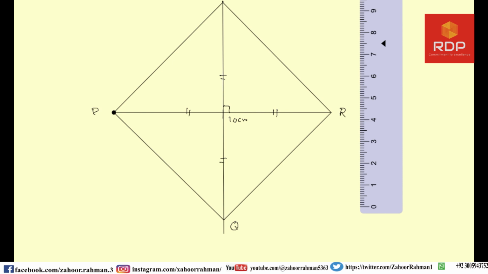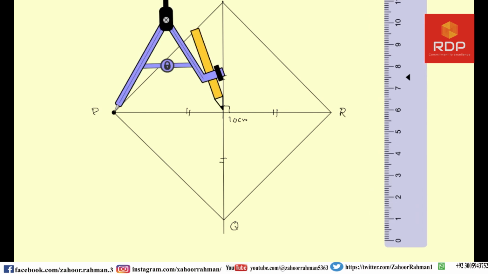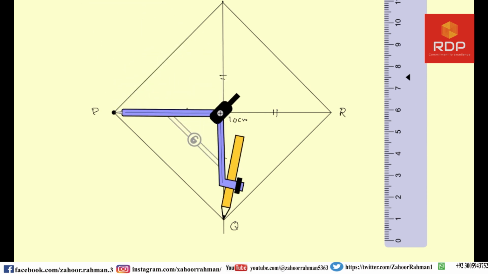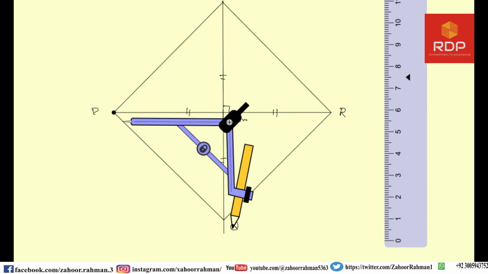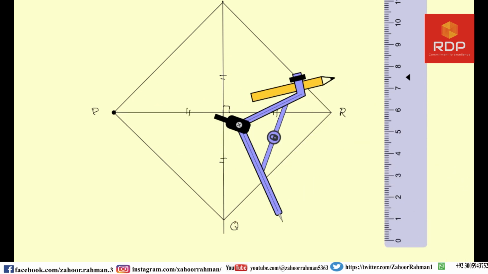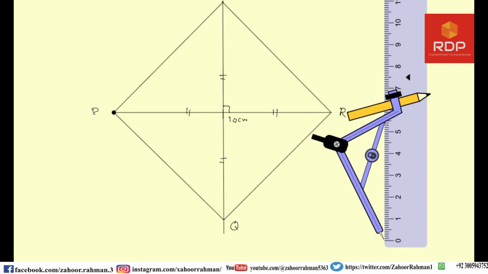Now the question is saying to measure and write down the length of PQ. So let us bring this P, and then we have to open this, lock it, and then measure how much is the length.